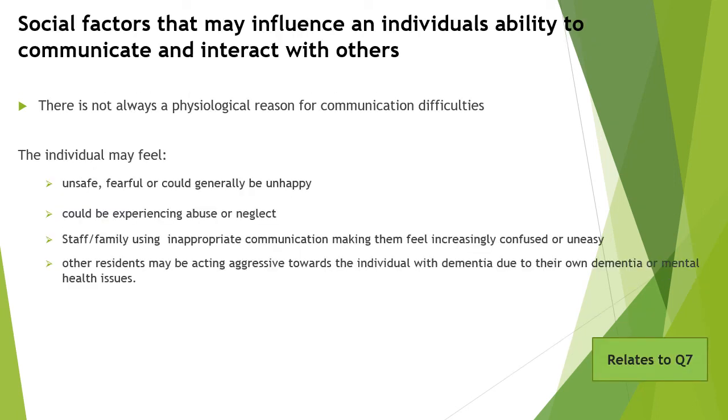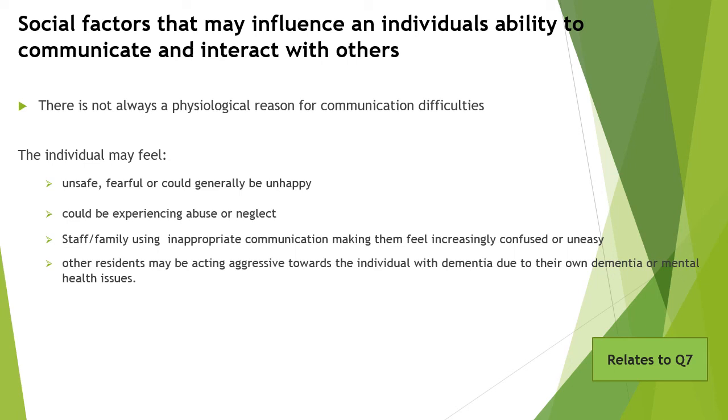So we're now going to look at social factors that may influence an individual's ability to communicate and interact with others. To start, there's not always a physiological reason for communication difficulties, and this is where the social factors may happen. The individual may feel unsafe, they may feel fearful, or could generally be unhappy.